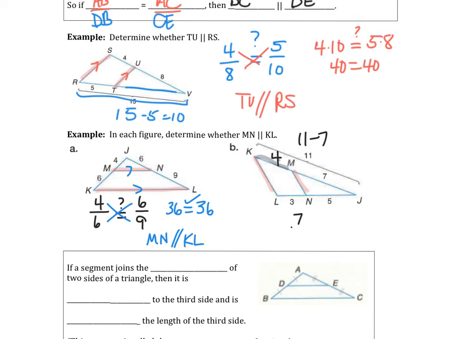So I've got 7 over 4. We're questioning to see if that equals 5 over 3. Doing our cross multiplying, I get 20 is equal to 21. That is not true. So MN is not parallel to KL.